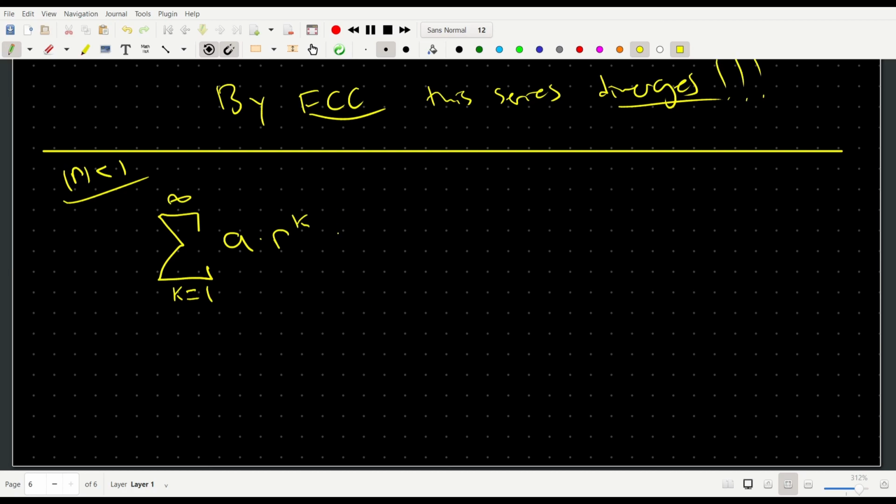The simple way of answering this question is that this is going to be the same thing as the sum starting at k equals 0 minus that first term, S0.